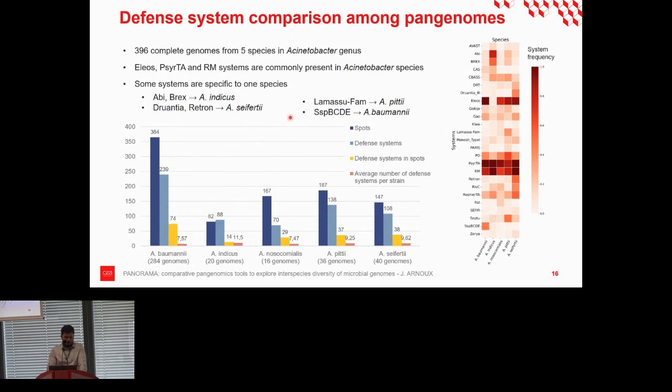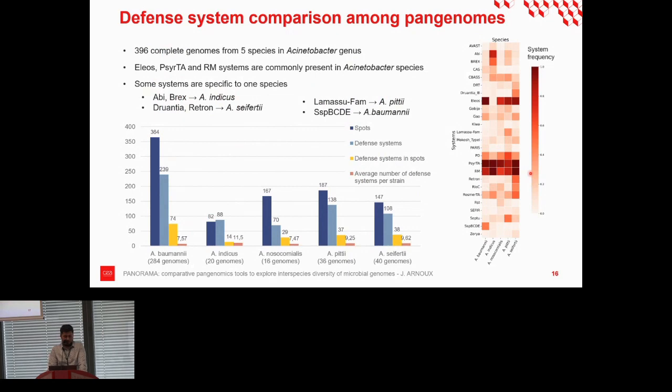Our first result shows that with PANORAMA, you can easily find which systems are commonly present at the genus level, and you can also say which systems are specific to a species in your genus. And also, this figure is automatically generated.